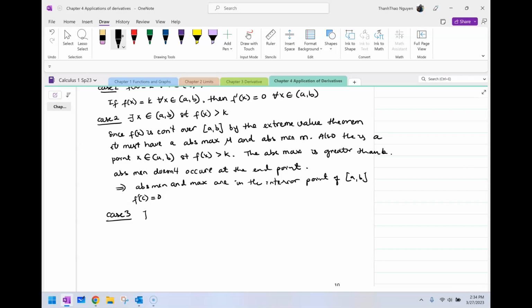In case 3, we assume there is an x in the interval (a,b) such that f(x) is less than k. You can argue this the same way as case 2 to see that there is indeed at least one value c in that interval such that f prime of c is equal to 0.